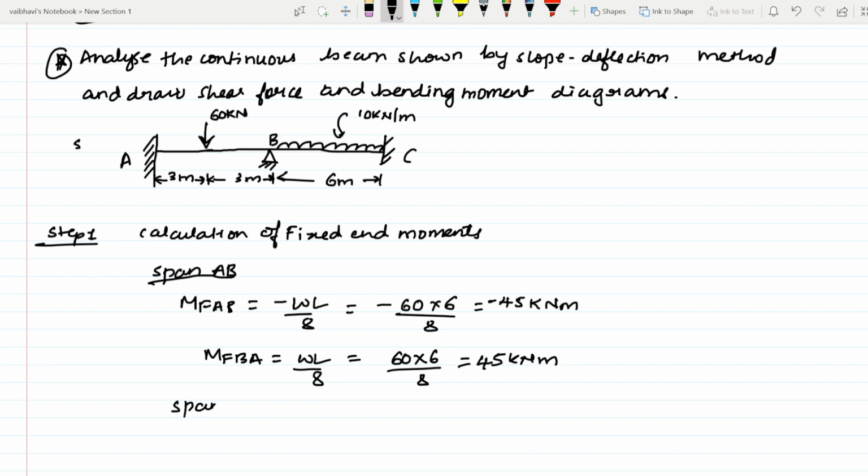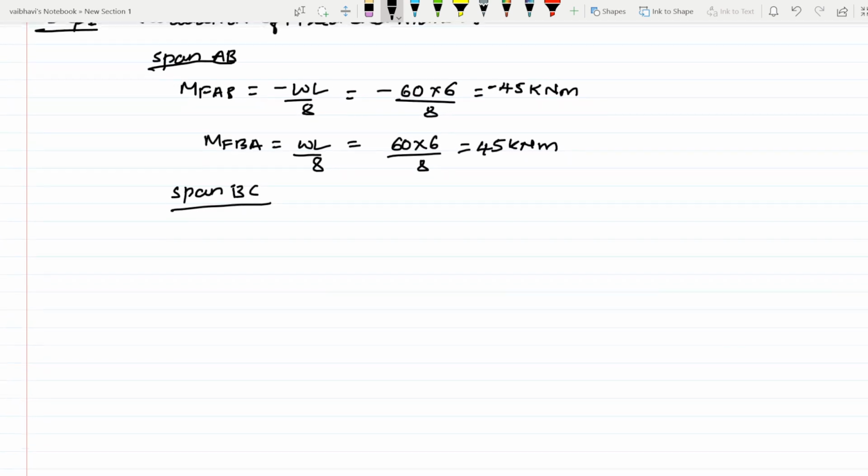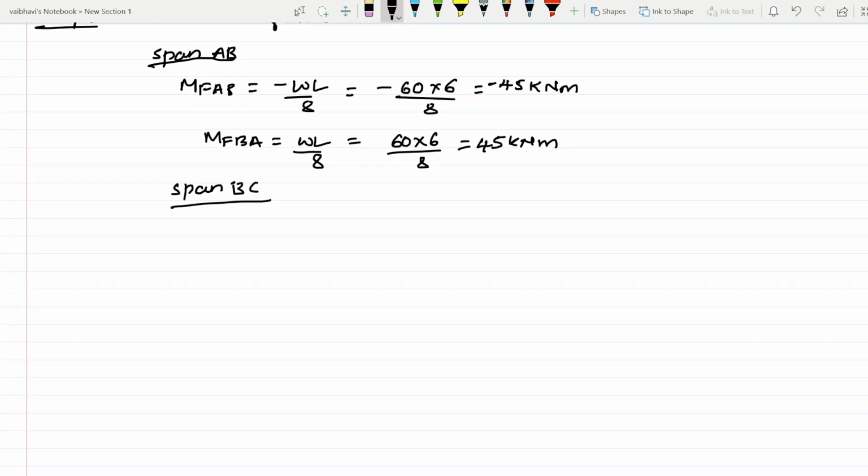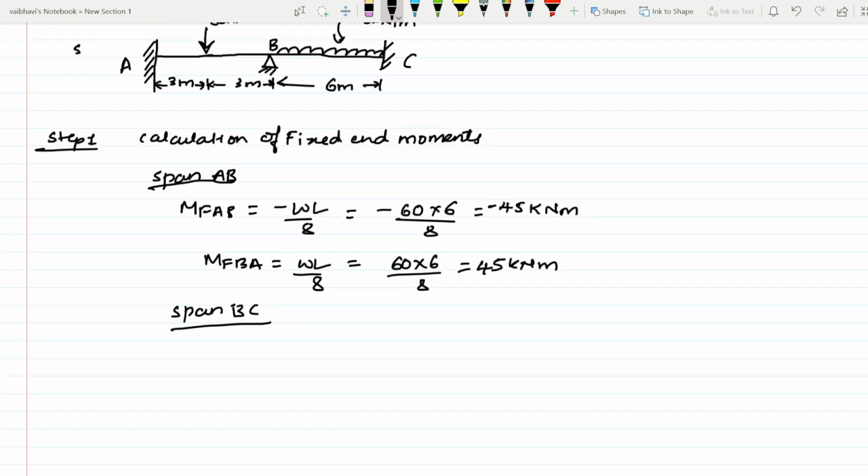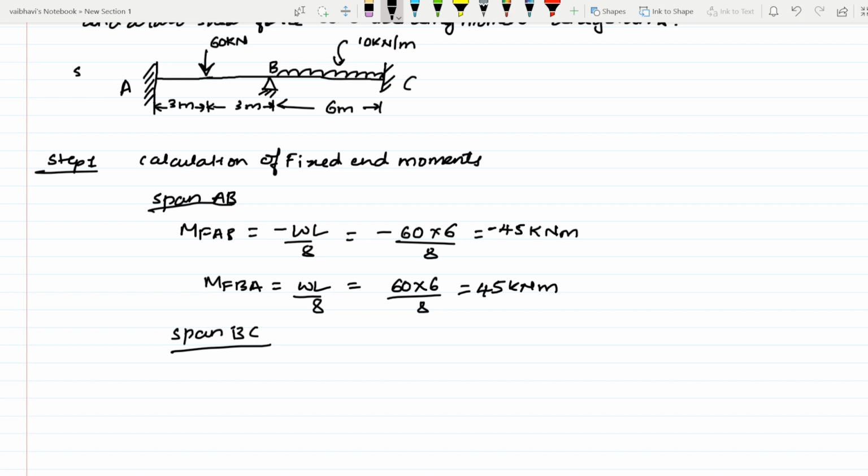Then span BC. In span BC, there is a UDL. So for UDL, fixed end moment MFBC is equal to minus WL square by 12, so minus 10 into 6 square by 12.